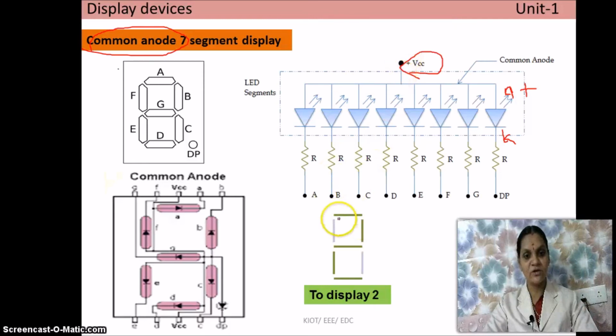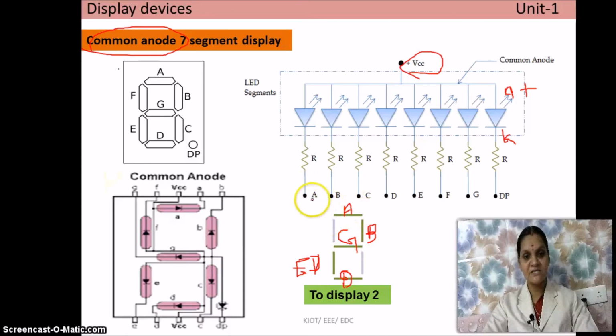If you want to turn on the segments A, B, and C, D, we are not using C. This is D, this one is E, and this is G. We have to turn on these segments.